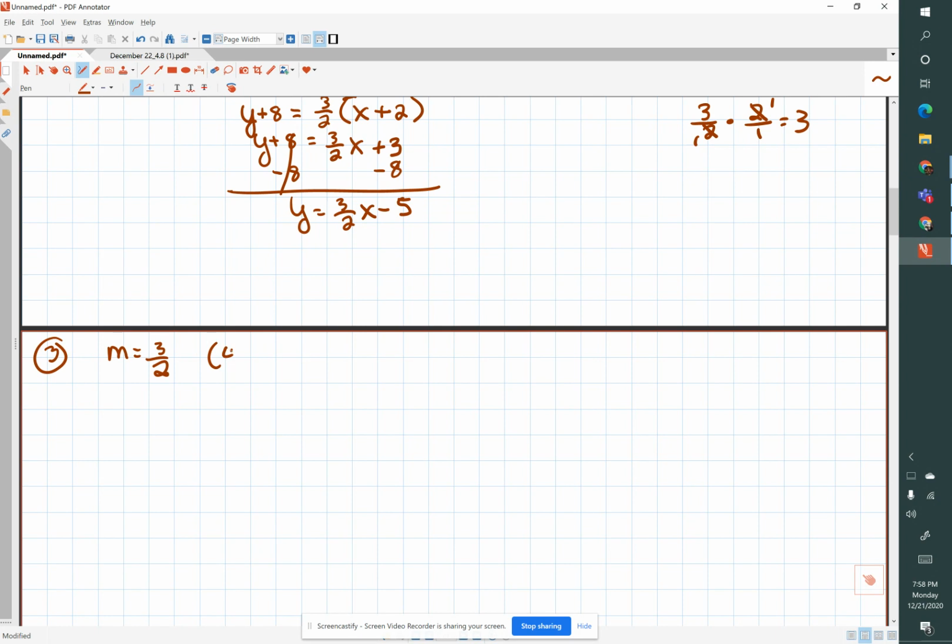Our point is 4, 1. So we go straight to point slope formula. Y minus 1 equals 3 over 2 times x minus 4.